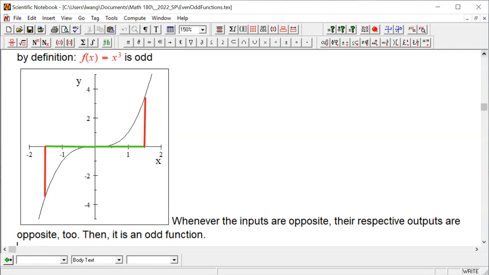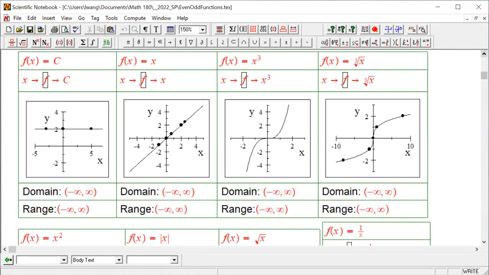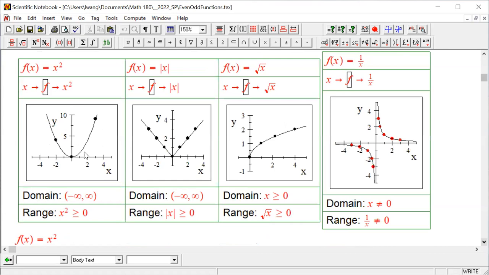For even function, let's see if we can make some narrative to help us understand. We know that for an even function, whenever the inputs are opposite, the outputs are the same. The respective outputs are the same.